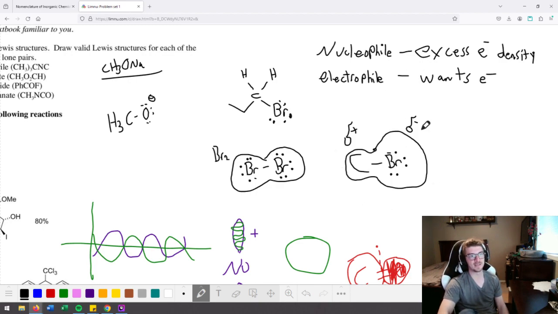So in this molecule, carbon is serving as an electrophile because it's got that partially positive charge because it's connected to the bromine. So this is our electrophile, this here.